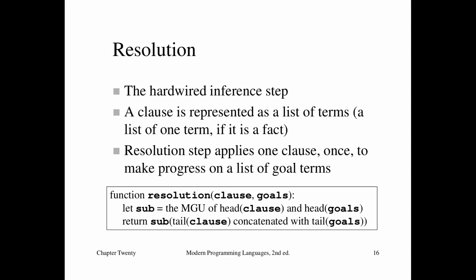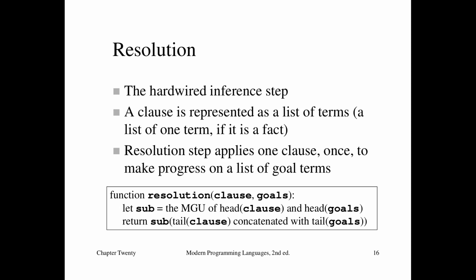A clause is simply a list of terms, and in the case of a fact, it only has one term. Basically, resolution applies one clause once to make progress on a list of goal terms.